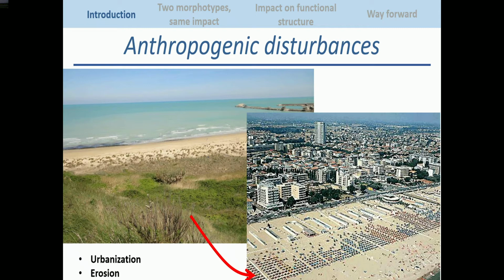But then we have some other disturbances, such as erosion, because of how we manage the rivers. Sediments are not able to go to the sea anymore, and therefore there is no sand to maintain these dunes. Also, touristic activities. The mere fact that people go to the beach and step on the plants and on the dunes makes the dunes disappear.